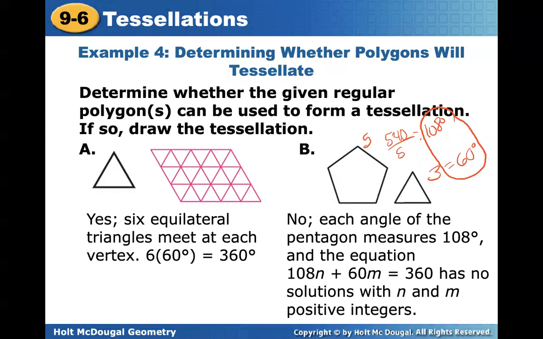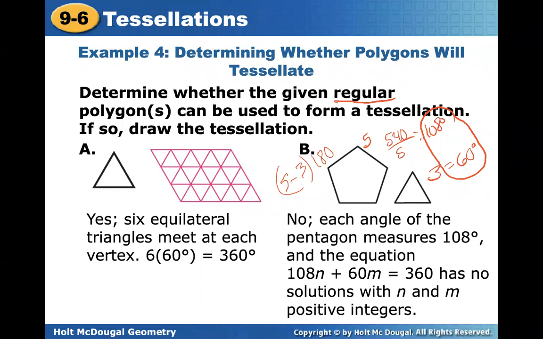So remember, these are regular polygons. It says it right here, which means all of their angles are equal. So you have to find the sum of the interior angles. And how do we do that? Well, for the pentagon it's 5 minus 3 times 180. And the triangle is 180, so you divide that by 3 and get 60.